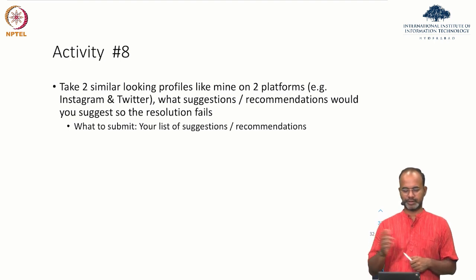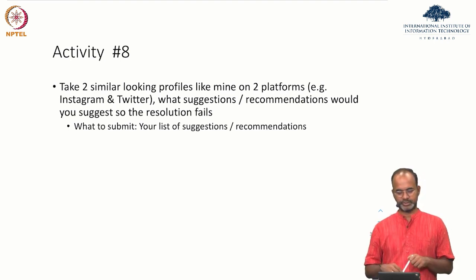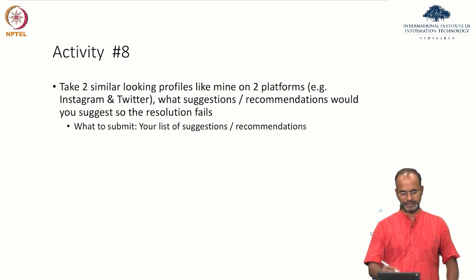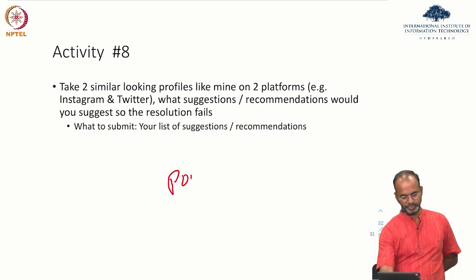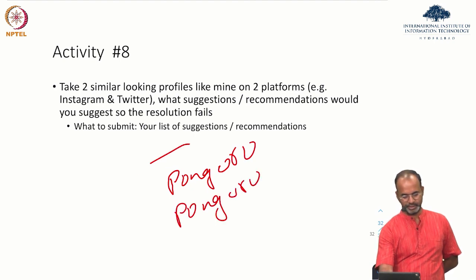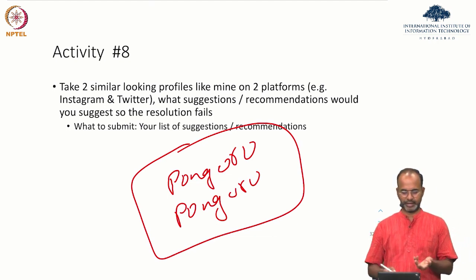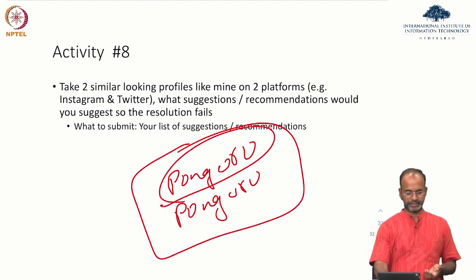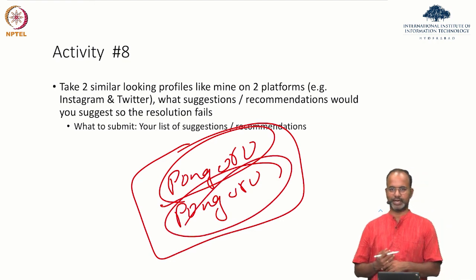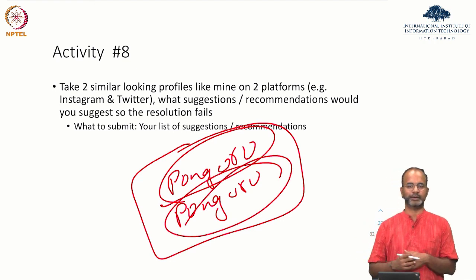What suggestions or recommendations would you suggest so the resolution fails, which is, in my case, Ponguru in Twitter, Ponguru in LinkedIn, same profile picture, all of that. What would you suggest PK to do so that when any techniques are applied, the resolution should fail? We have already discussed some of them.